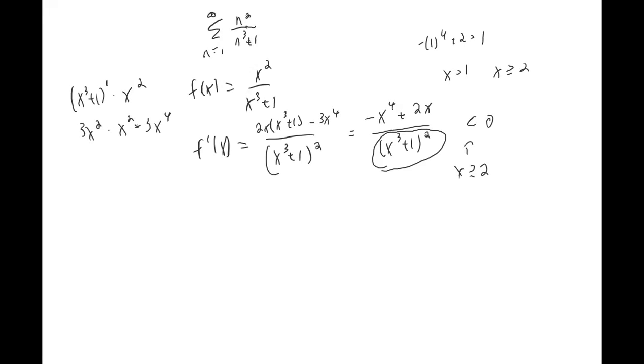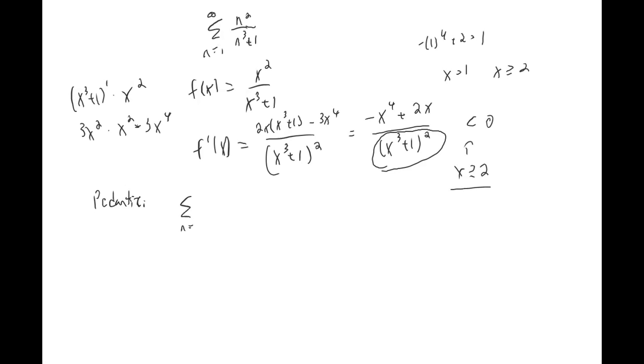your function is decreasing, but at 1 you are in fact increasing because the derivative's positive. So if you want to be pedantic, to use the theorem you need the function to be decreasing, but you check that it starts decreasing at 2.